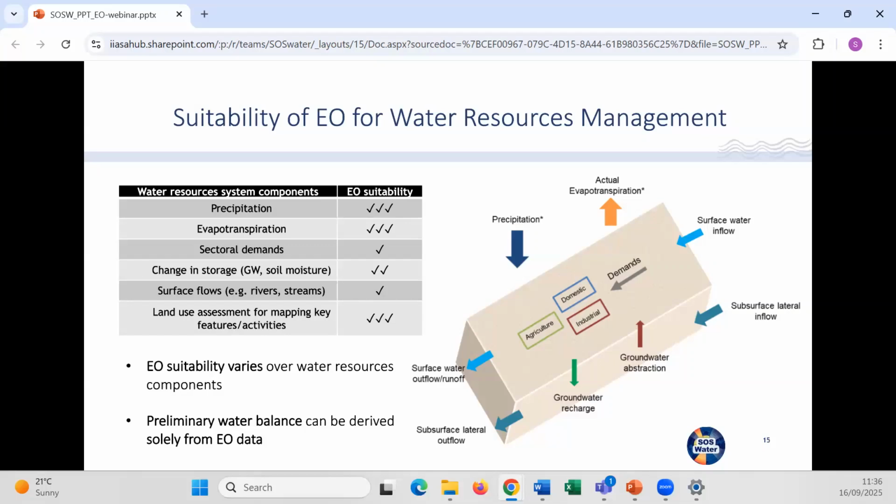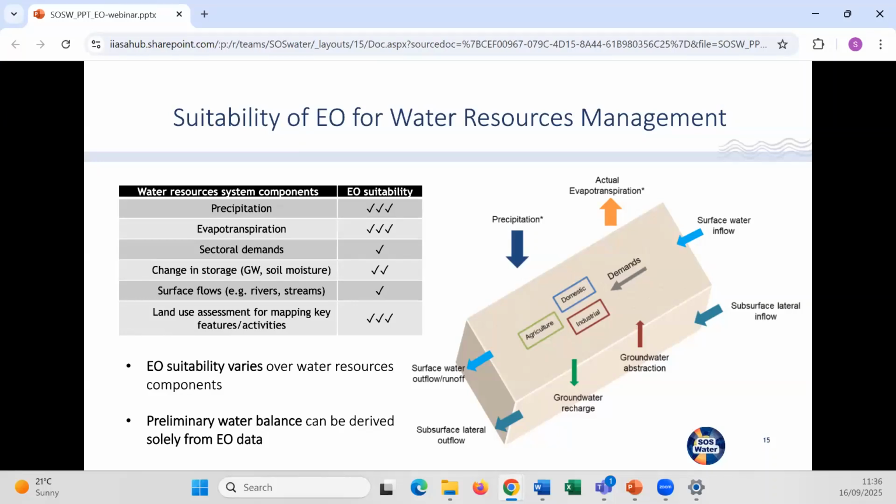And in between, we have some dynamics related to the water usage, the demands, and the table shows you how suitable Earth observation is for quantifying or monitoring the different components of the water resources system.